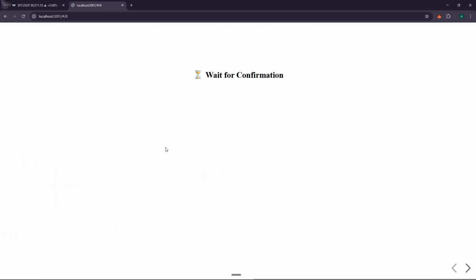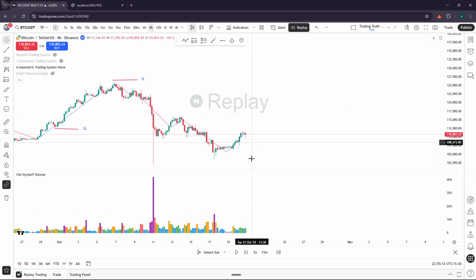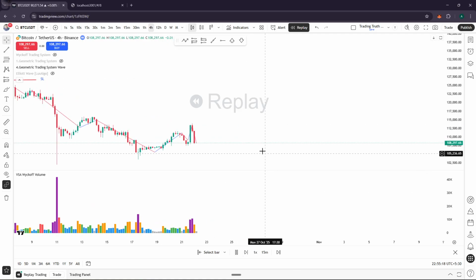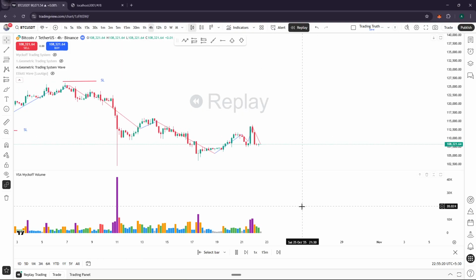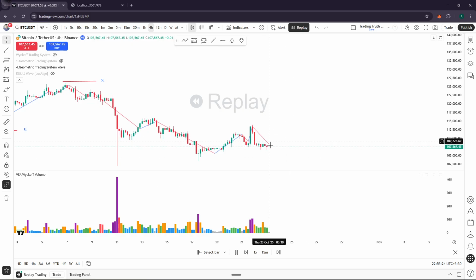So let me run through a few more examples so you can see this in action. I'll just run the simulation, not faster. Let me just run it one candle at a time. As soon as the up wave completes, we're going to take the trade.